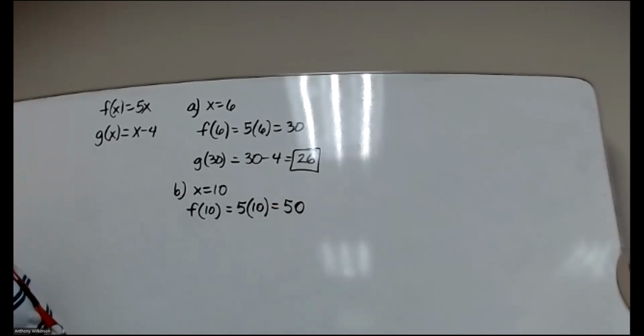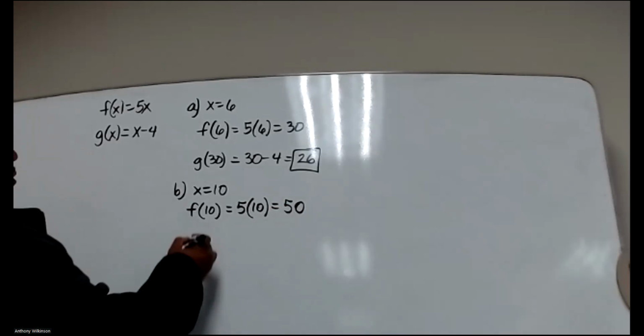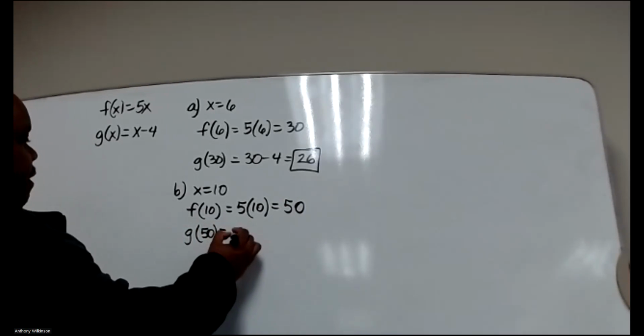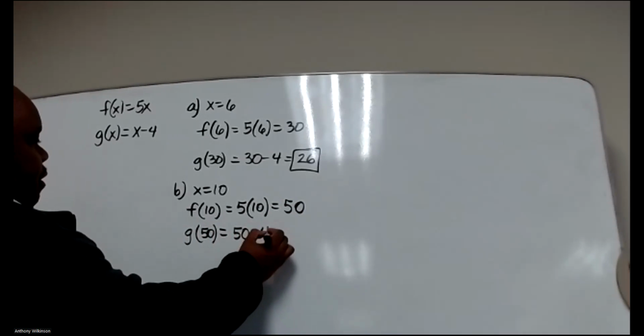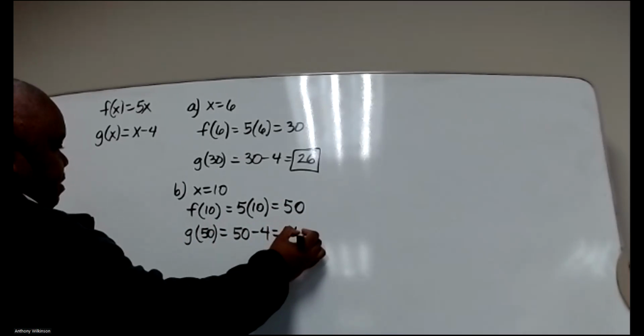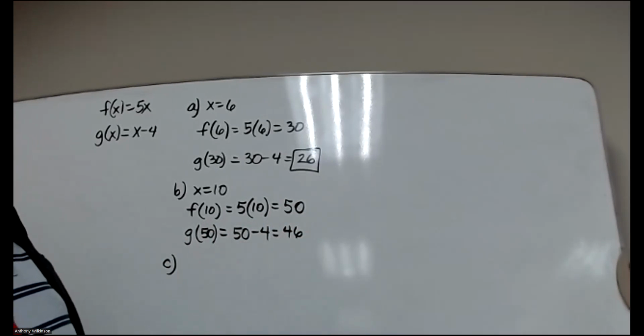So now that 50 becomes our x value in g of x. So g of 50 would be 50 minus 4, which is how much? 46. Okay. So the final output there will be 46. All right, now in part C.